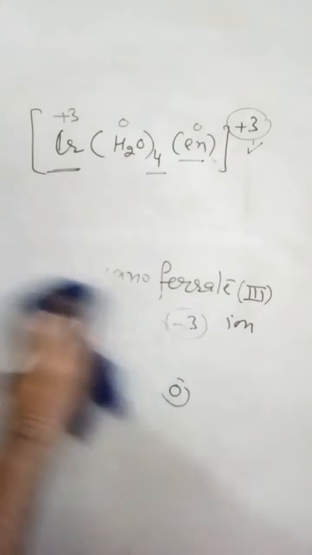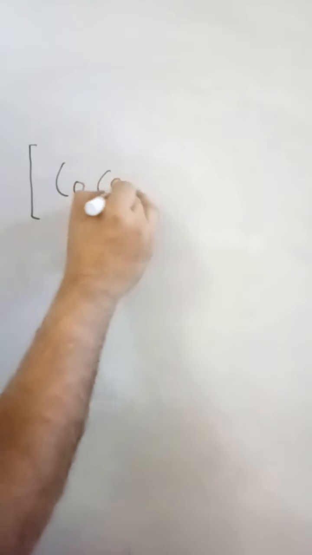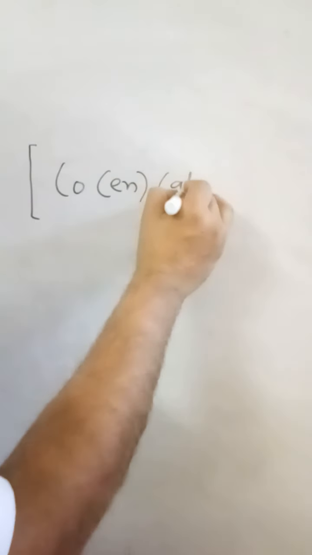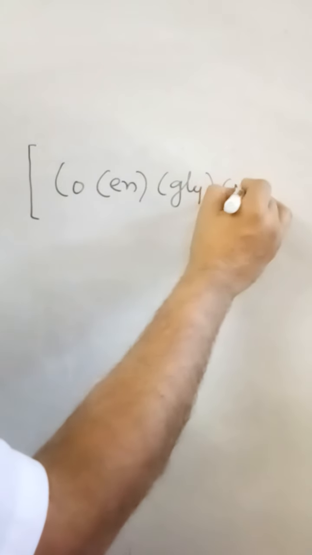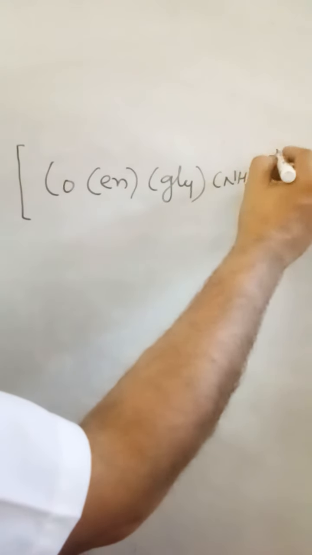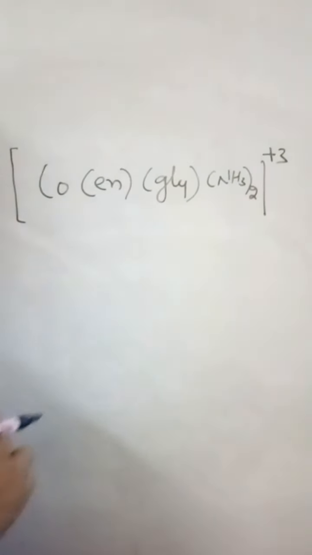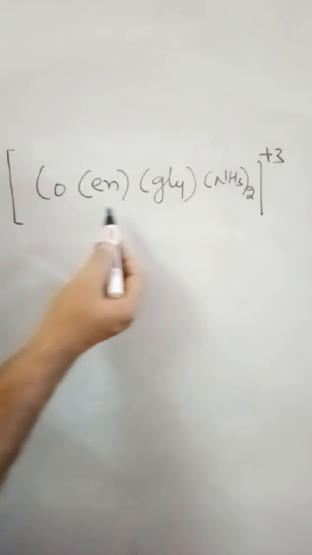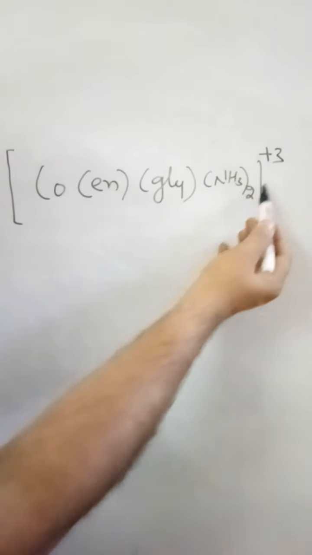Consider 2 more examples. So this is cobalt, en, gly, ammonia twice and +3.